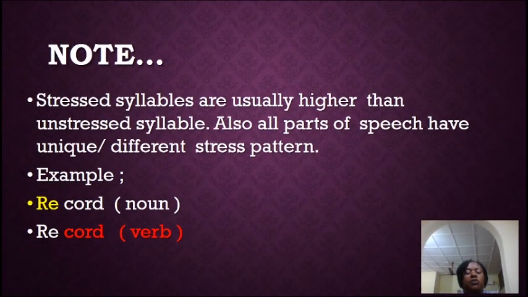Note: stressed syllables are usually higher than unstressed ones. Also, all parts of speech have unique or different stress patterns, which brings me to what I said earlier. In the English language, nouns, as we can see on this slide, are stressed at the initial part of the word.